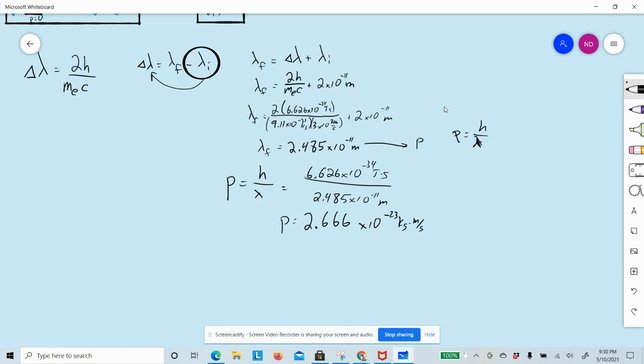All right, so this is the momentum after the collision, of the bit of light after collision.